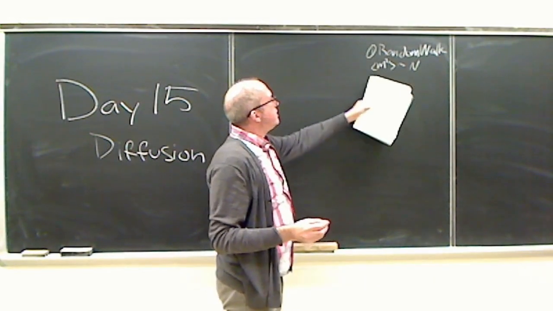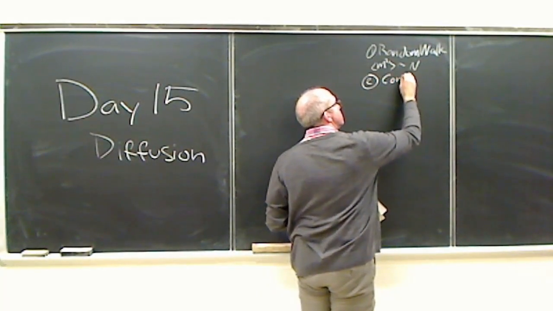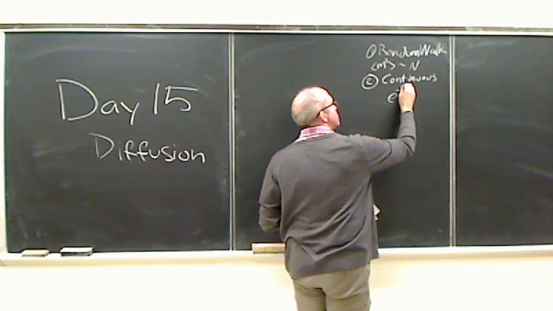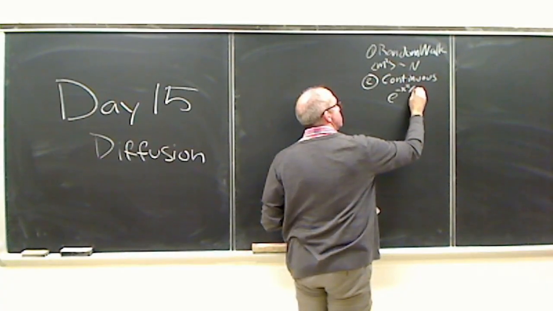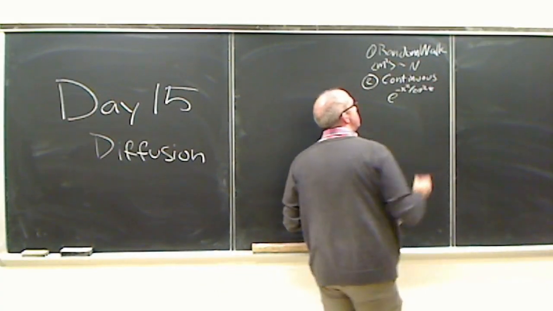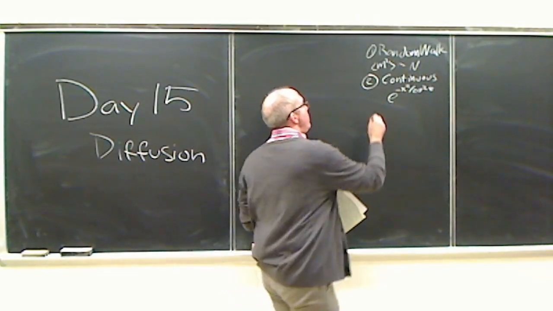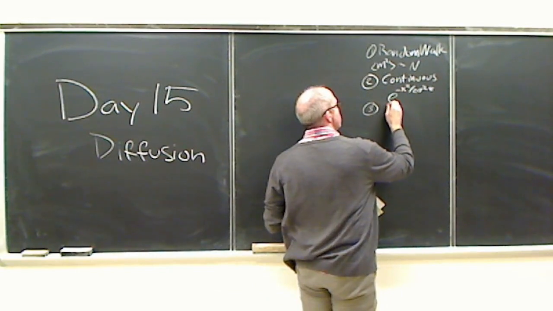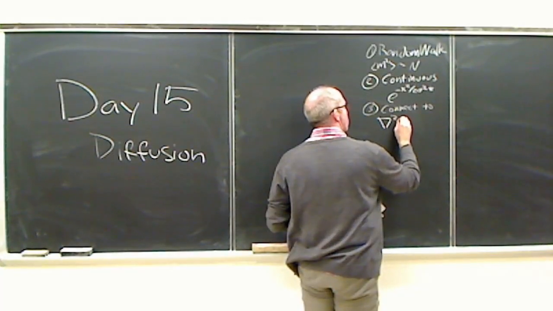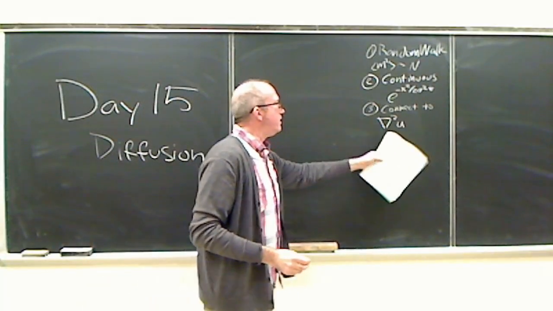So we're going to talk about this, and then we're going to take the continuous limit, and we're going to get Gaussians, e to the minus x squared over 2 sigma squared t. So we'll start with discrete random walks, then we'll take the continuous limit, and then I'll connect it to diffusion. I'm going to connect it to the del squared operator.